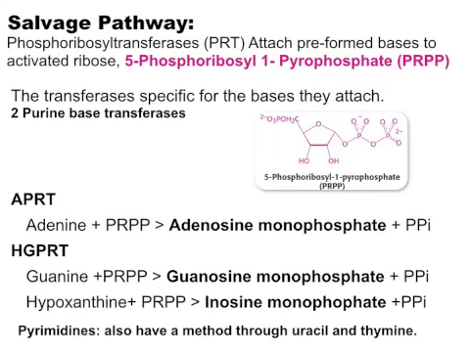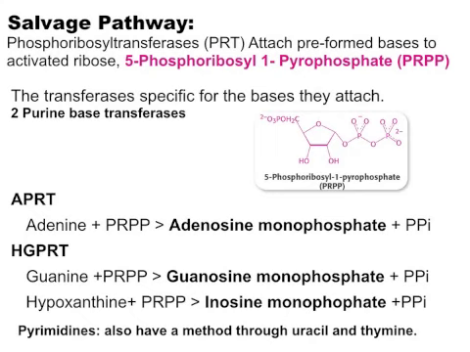The first one transfers just adenine, so adenine plus PRPP yields adenosine monophosphate plus pyrophosphate, and of course we're going to hydrolyze the pyrophosphate to make 2 molecules of inorganic phosphate, and this is what's going to drive the reaction forward. Now, guanine and hypoxanthine bases are both transferred by the same enzyme, HGPRT, for hypoxanthine-guanine phosphoribosyl transferase.